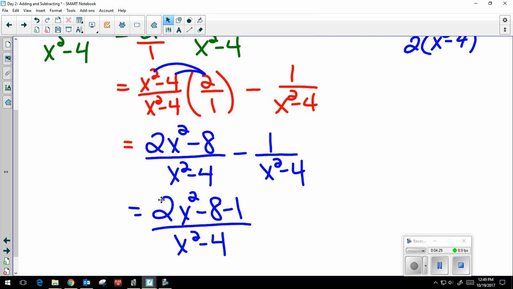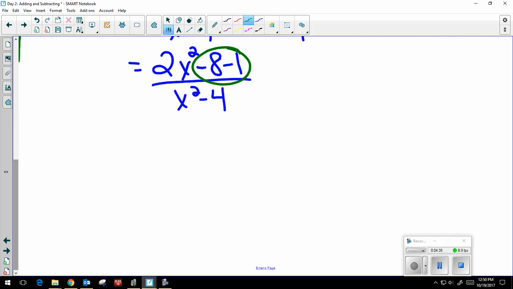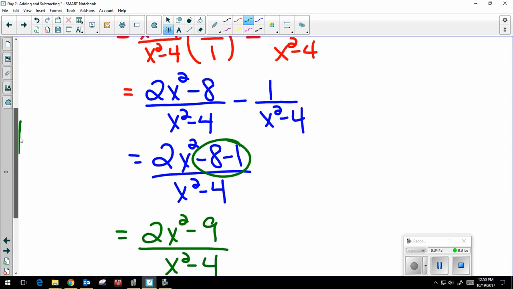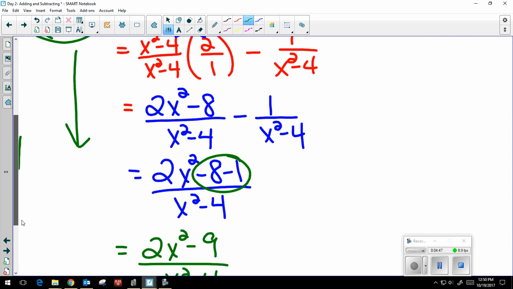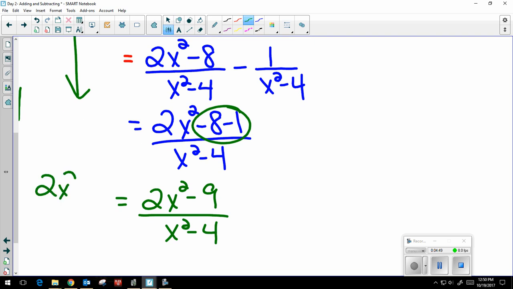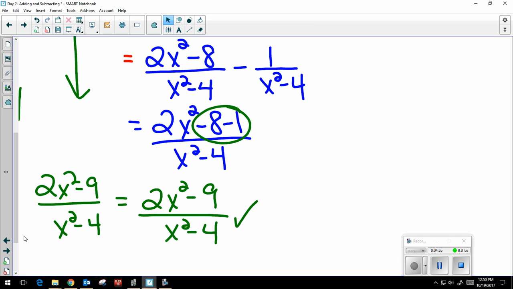In my numerator, I have a minus 8 and a minus 1. My like terms can be combined. So I have 2x squared minus 9 over x squared minus 4, which if I go back, was my left side. This piece is the same. 2x squared minus 9 over x squared minus 4. I'm done because my left side equals my right side.